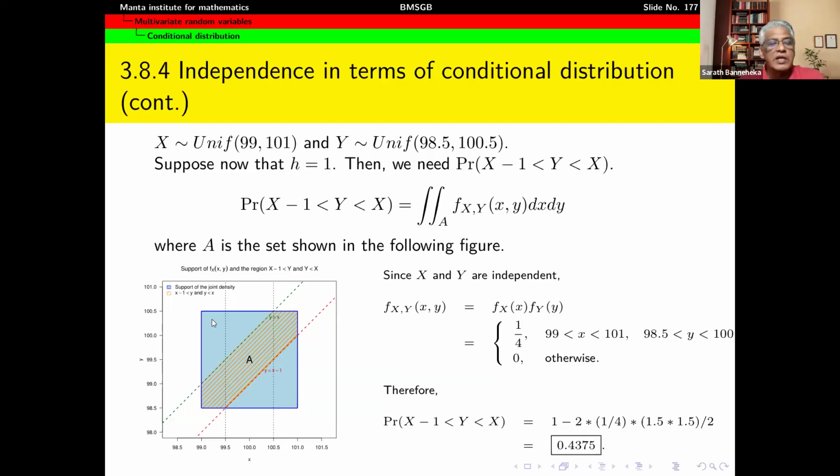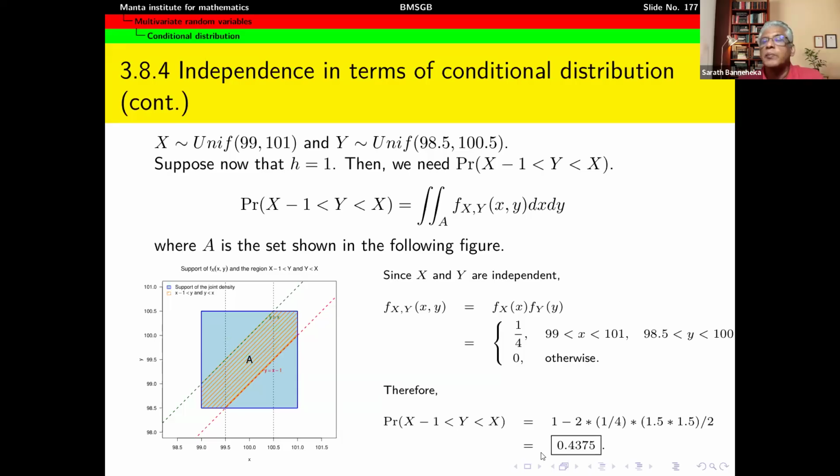And the area of this triangle is the same as the area of this triangle. So therefore, it is enough to integrate the joint density over this triangle and then take 1 minus twice the area of the triangle times the height of the joint density.